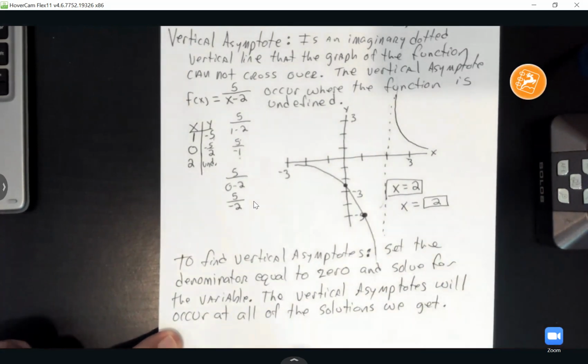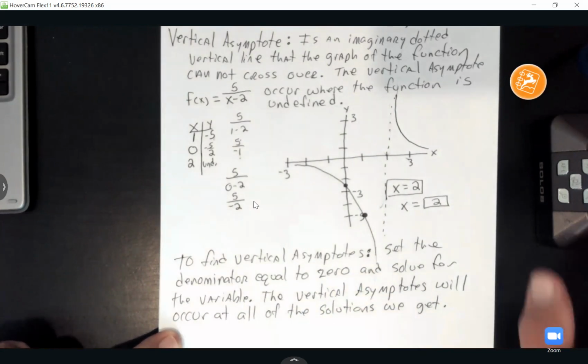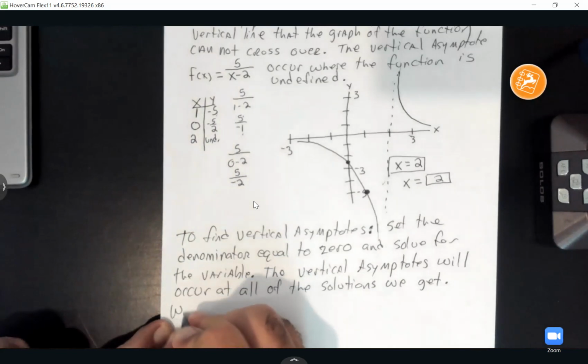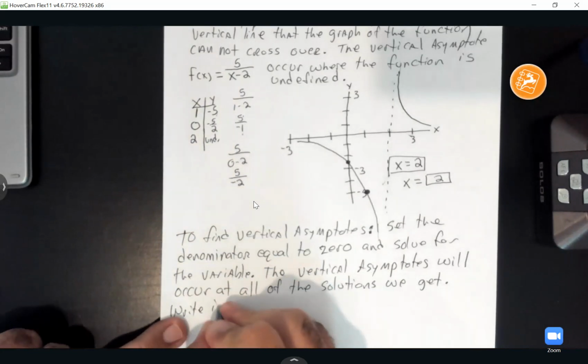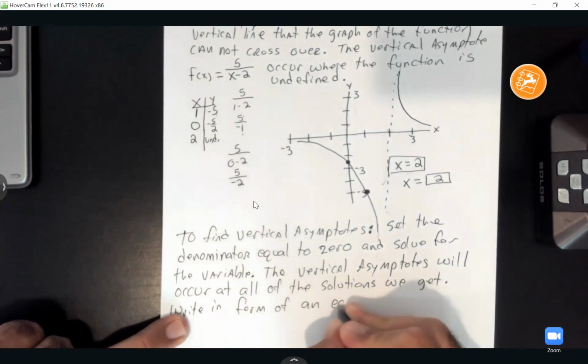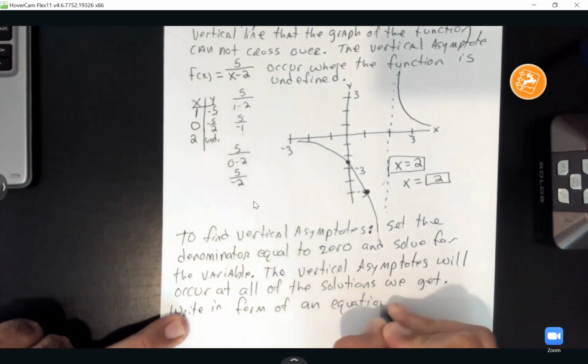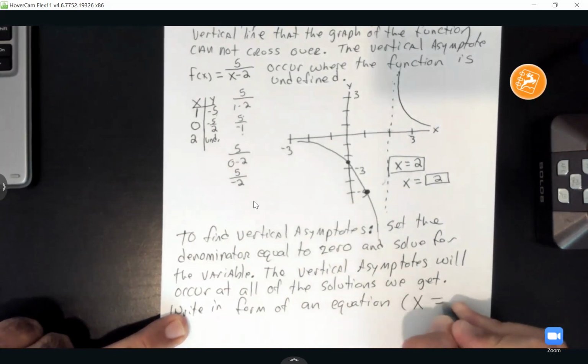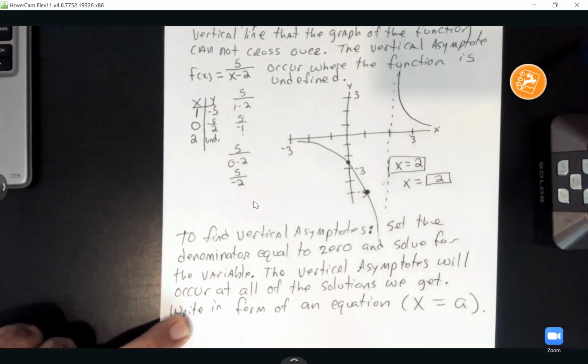Which means if I got two values I'm excluding, I'm going to have two vertical asymptotes on my graph, okay? And then remember the last thing, in the form of an equation. That'll be x equals some number.